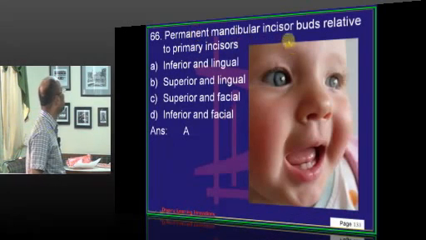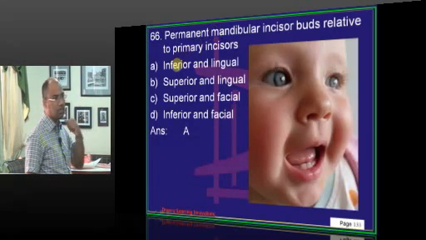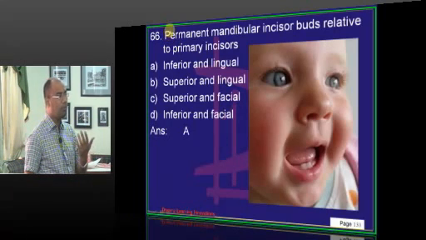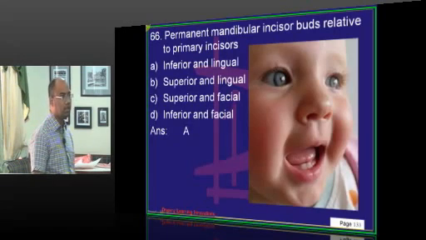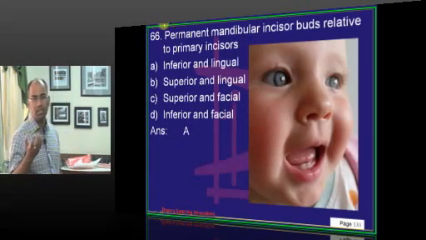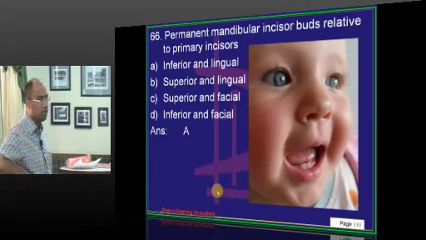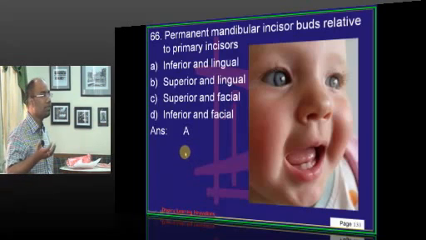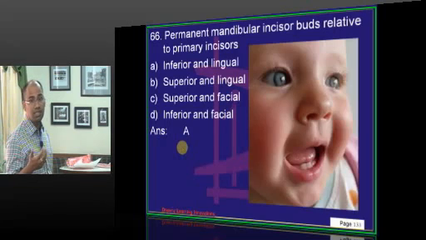Permanent mandibular incisor buds relative to primary incisors: how are your permanent incisors? They are lingual. Most of the time parents come at the age of 7 or 8 years telling that their child is having teeth which are coming in crooked and inside. Absolutely normal. Why? Because the succedaneous dental lamina is lingual or palatal, isn't it?